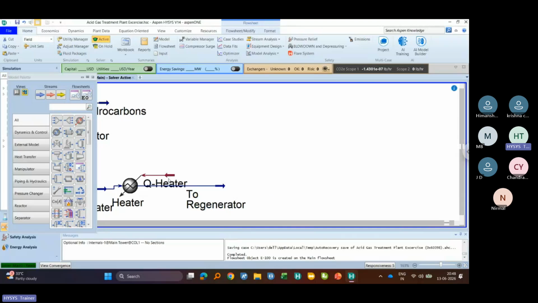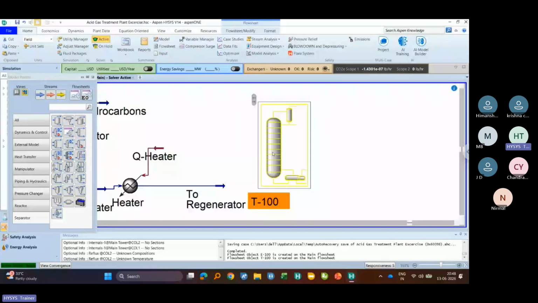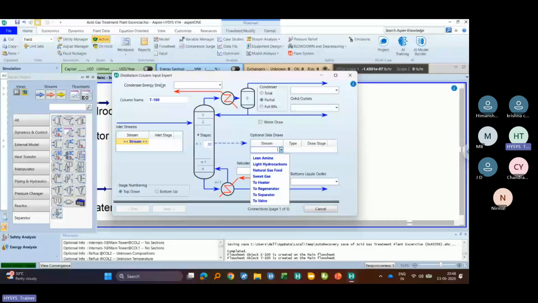Now we will just add a distillation column. Go to the separators. Sorry, this is our distillation column. This is just a three-phase separator. This is our distillation column. Just double click on this.